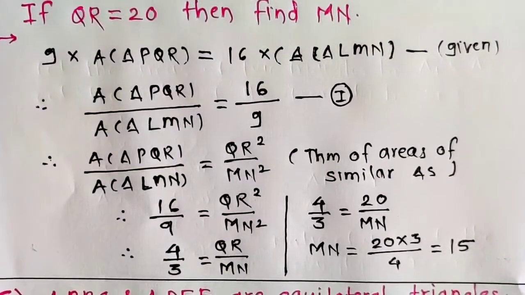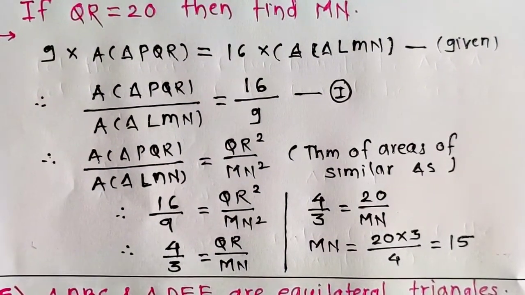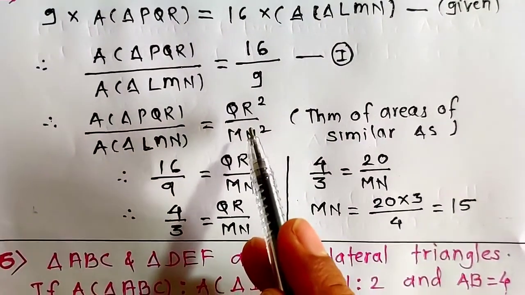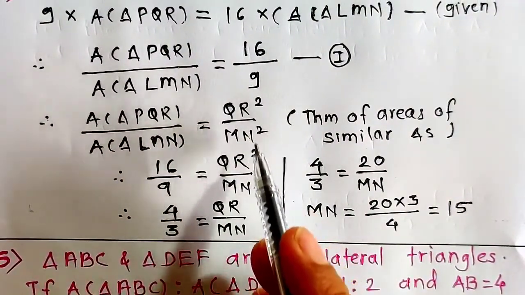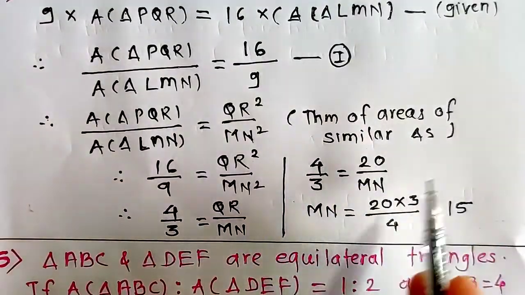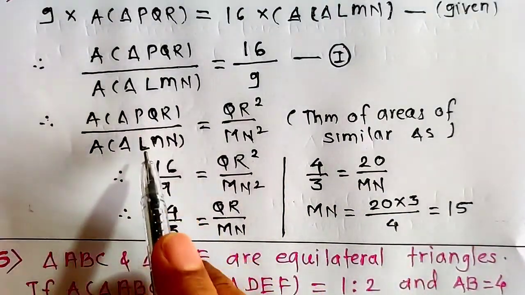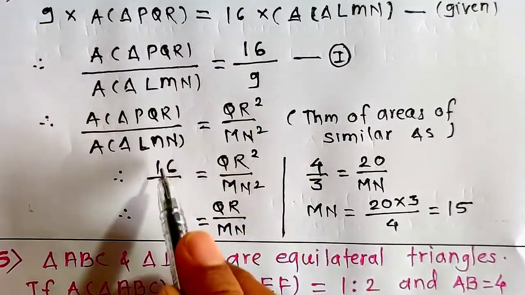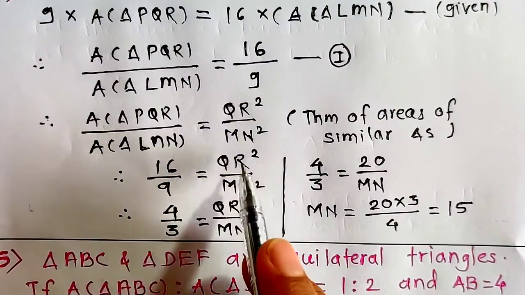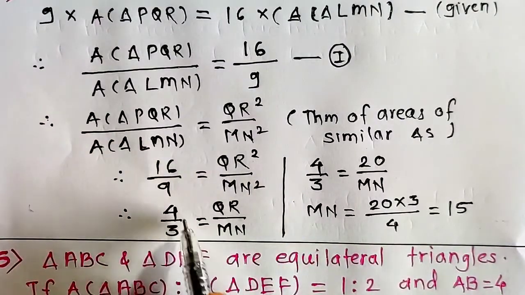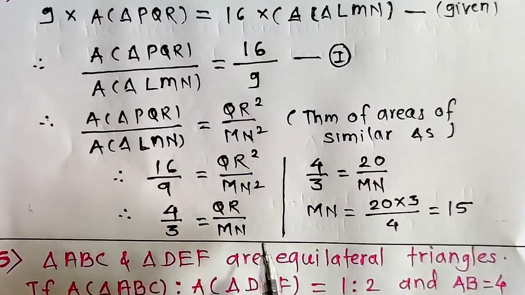But by theorem of areas of similar triangles, what can we write? This ratio is equal to QR square by MN square, the ratio of the squares of corresponding sides, and this is the theorem of areas of similar triangles. Substitute the value from 1, 16 by 9 is equal to QR square by MN square. Taking the roots of both sides, 4 by 3 is equal to QR by MN.